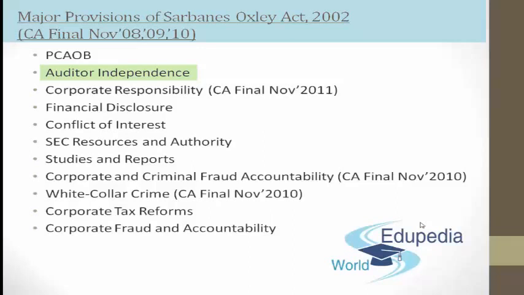Okay, moving on to auditor independence. So guys, auditors of public companies are majorly required to follow a few things. They are required to follow the regulatory authorities, be it the Securities Exchange Commission, be it any other entity. The Securities Exchange Commission is the one which has been entrusted to issue the rules implementing several provisions of the Sarbanes Oxley Act.